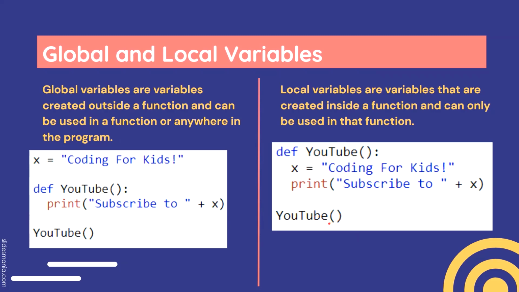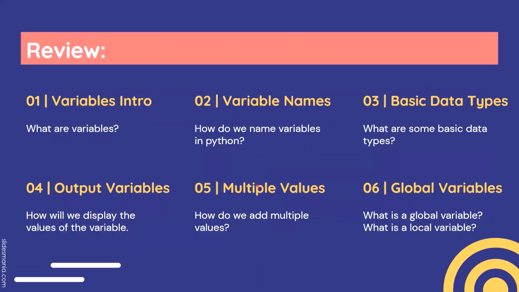You're ending this function right here. So if you wanted to call this x variable 20 lines down, you can't because it's only in that function. If you want to call it anywhere you want, then you would need to put it outside the function. So that's a local variable. So these are our main types of variables when you're talking about functions.